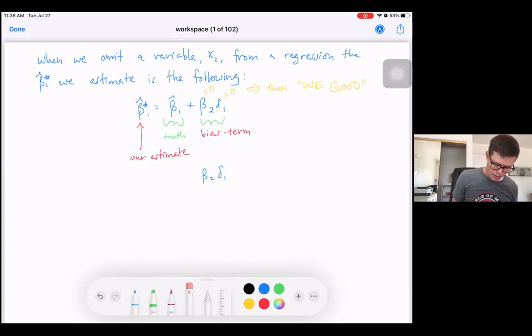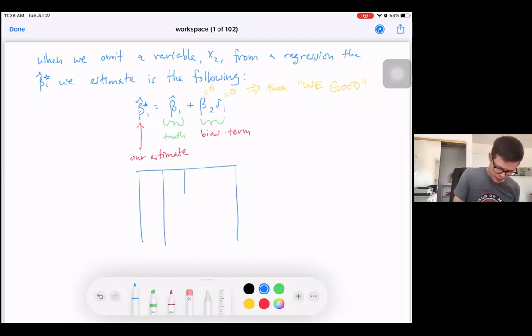So say beta 2 can be greater than 0 or less than 0, and delta 1 can be greater than 0 or less than 0.